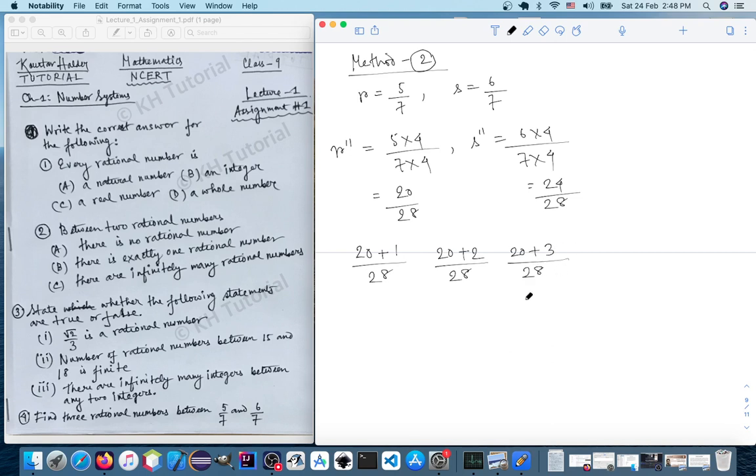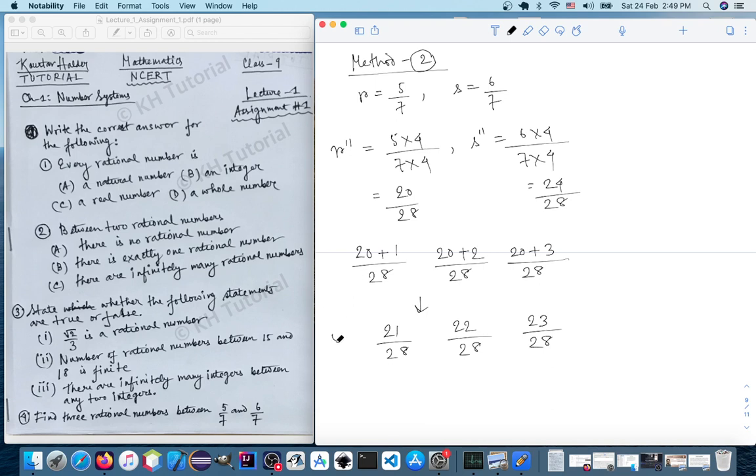Since we have been asked to find three rational numbers, we stopped at 3. So these rational numbers become 21 by 28, 22 by 28, 23 by 28.